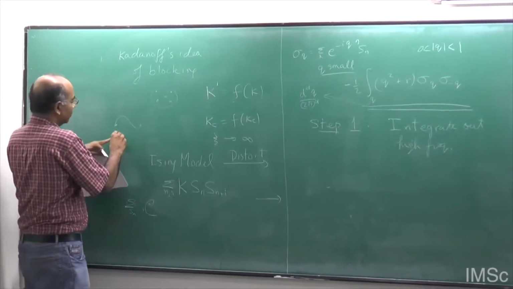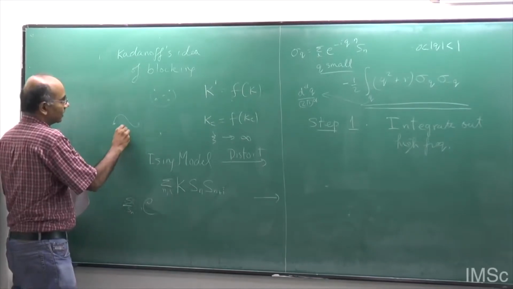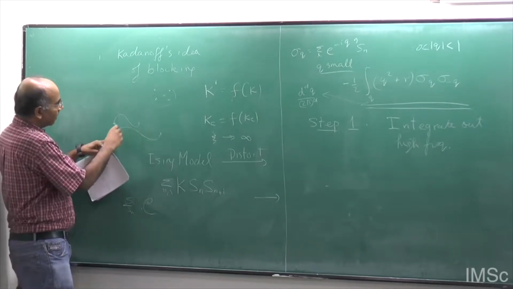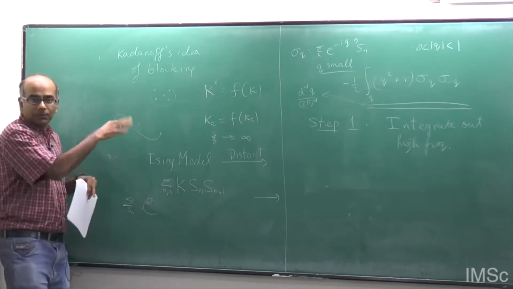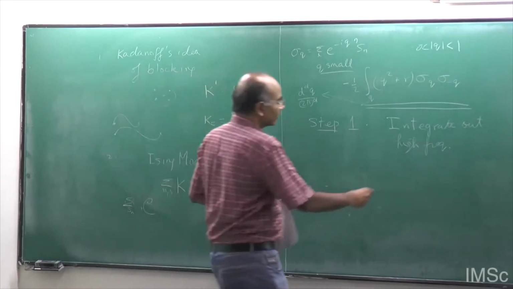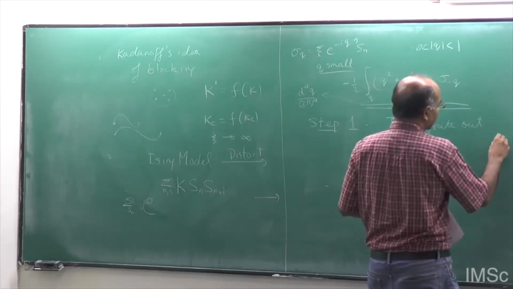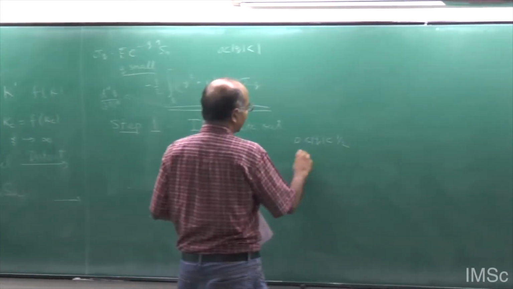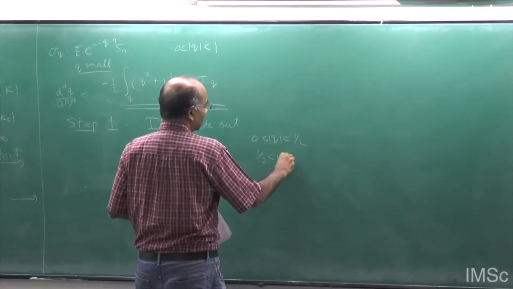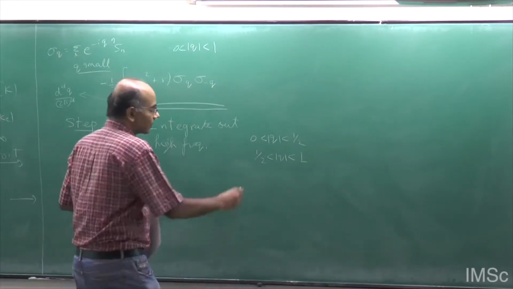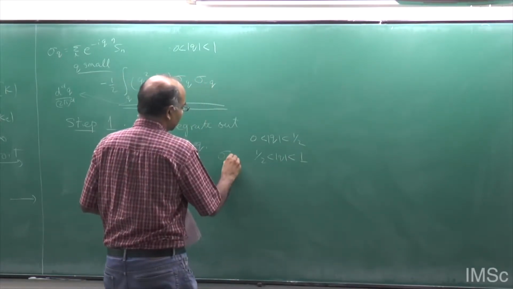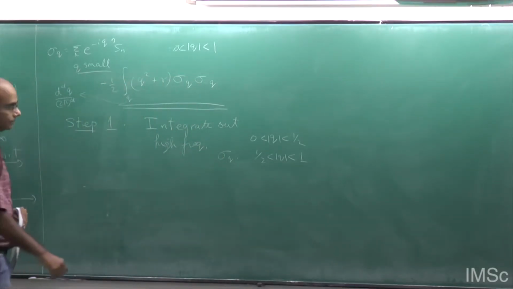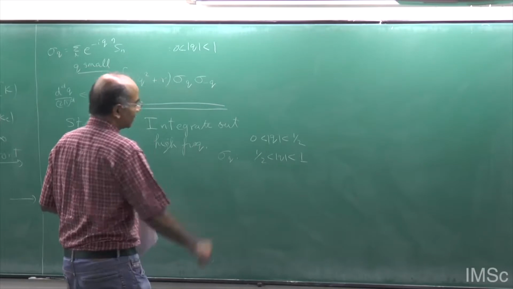But if your new scale is this, you only want wavelengths that are longer than that. So all wavelengths between this and this have to be removed. So what we're going to do is split the thing into two ranges. So 0 less than q less than half, and half less than q less than 1. So all sigmas that have q in this range will be integrated out. So integrate these guys out.